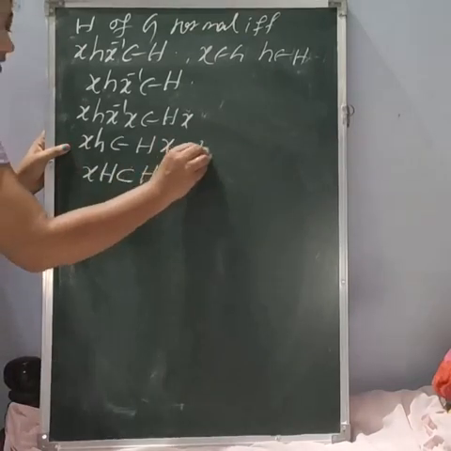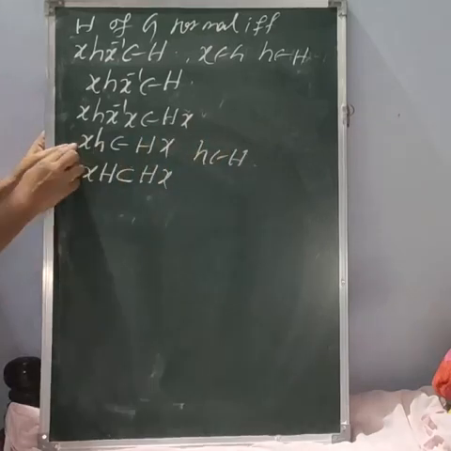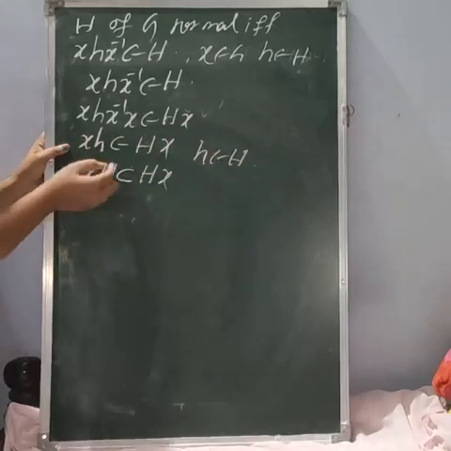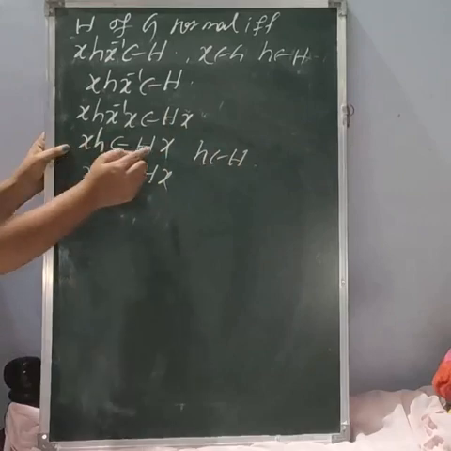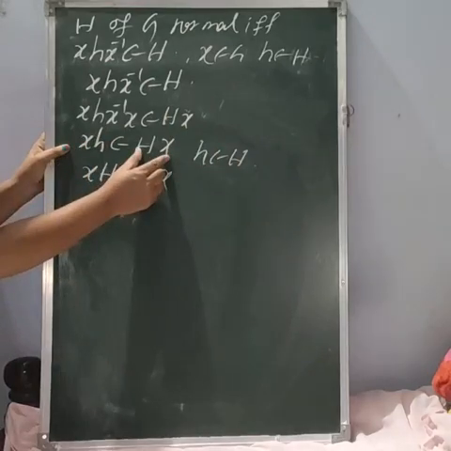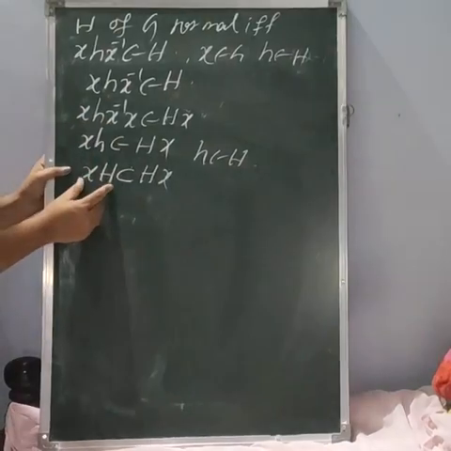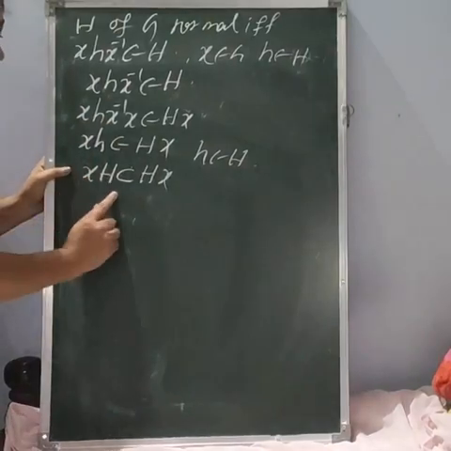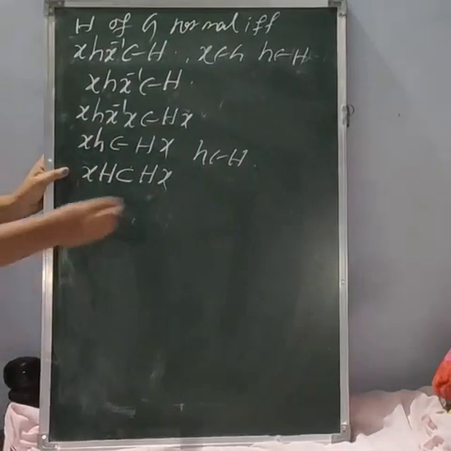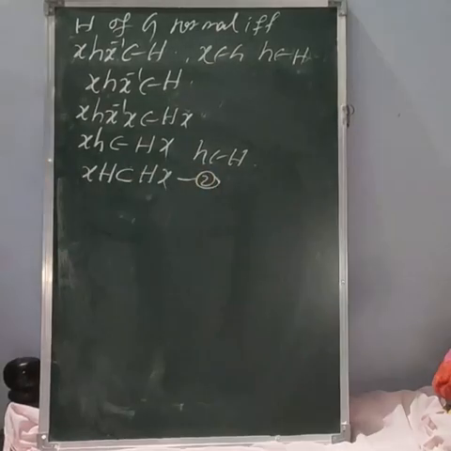Suppose for every h belongs to capital H, if this xh belongs to the left coset, then it belongs to the right coset, so we write the left coset is a subset of the right coset. Call this as equation number 2.